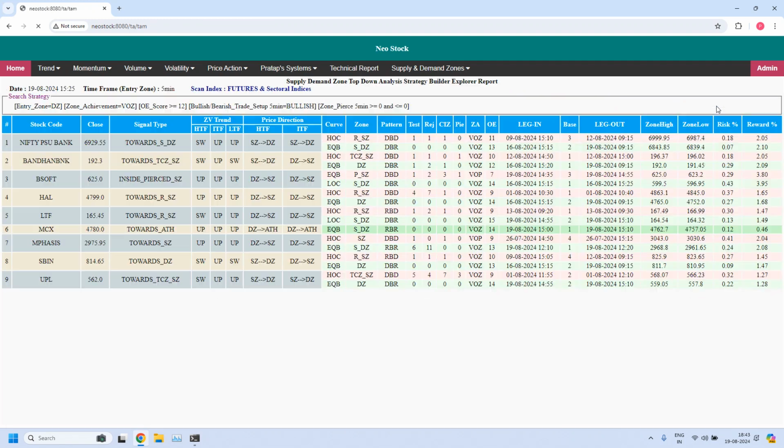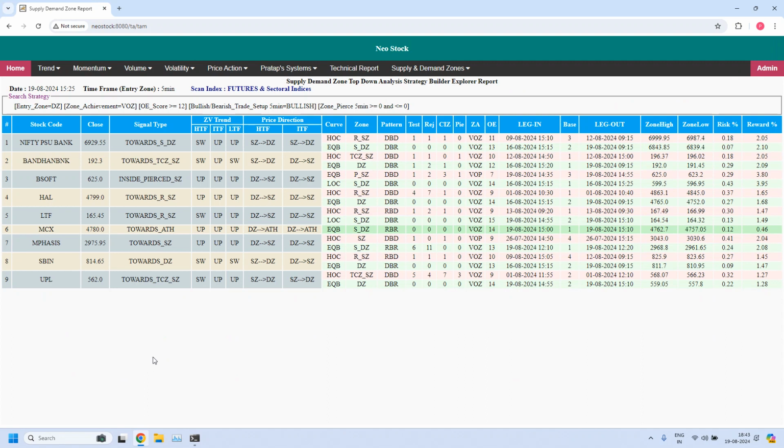Let's filter the stocks. So 9 stocks are supporting bullish trade setup for hourly income trade. That is entry time frame is 5 minutes. So all these demand zones are supporting bullish trade setup, but we need to look for ITF confluence.